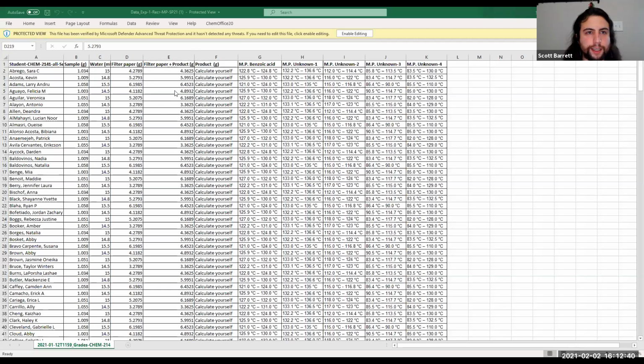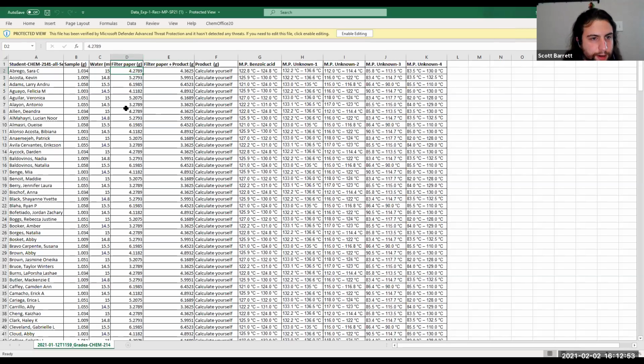So let me go ahead and take a look here and pull this up for you guys. Excel sheet here, share. Okay, so as you see here, whenever I was talking about the filter paper, this would be really important in the lab because, for instance, so like Sarah, hers here is 4.2789 grams for the filter paper, right?